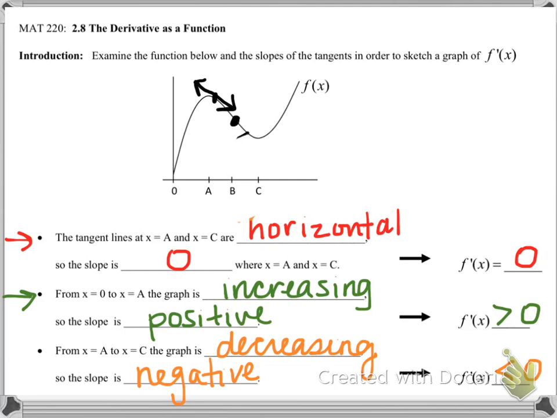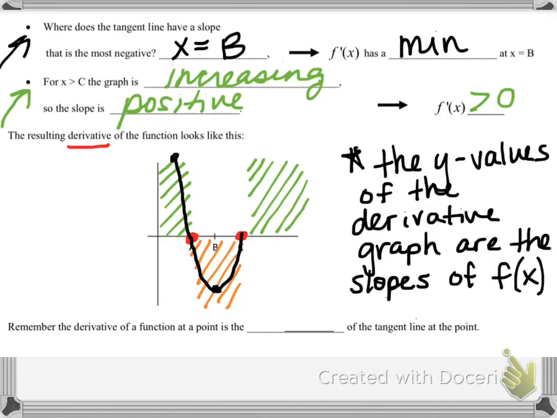And then finally, on the right-hand side of the cubic, my slope is 0 at x equals c. If I start to draw in some of those tangent lines, I notice that the slopes are getting larger, more and more positive. So my y values on the derivative are going to go positive and then grow, becoming more and more positive.